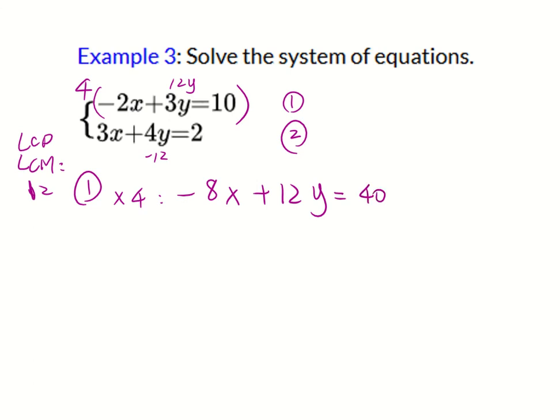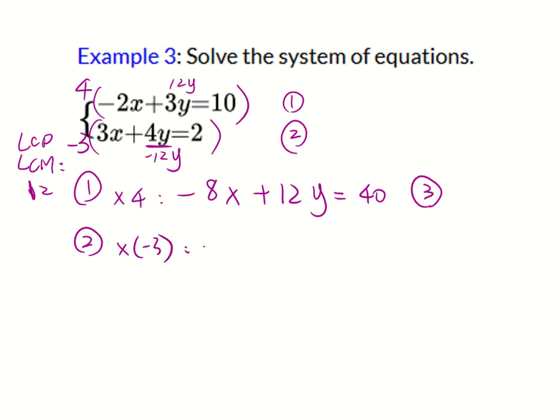That's my equation 3. To turn this 4y into -12y in the second equation, I need to multiply the whole thing by -3. So equation 2 will be multiplied by -3.